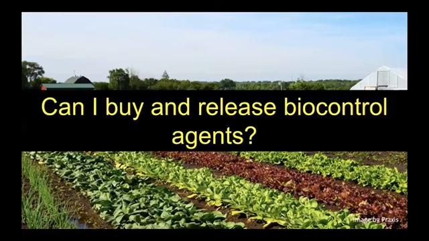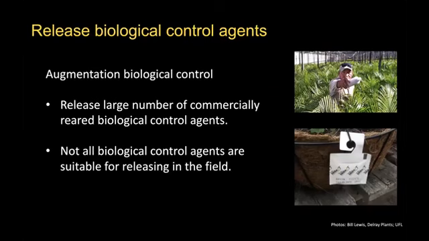So the first question is, can we buy and release these biological control agents? It's often called augmentation biological control, where we can release a mass number of commercially reared biological control agents.